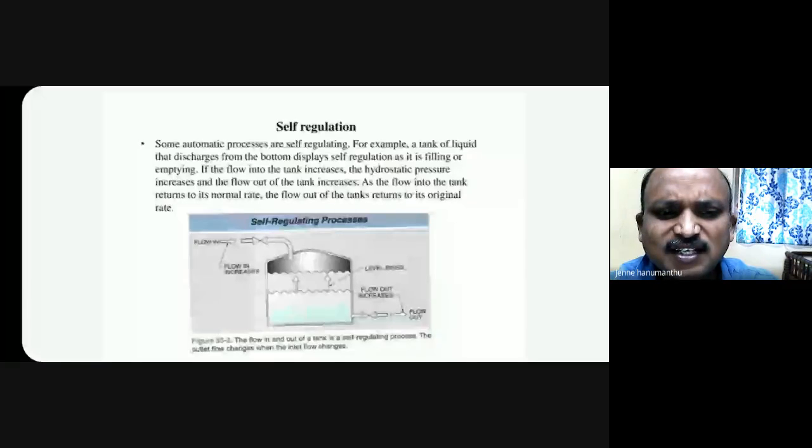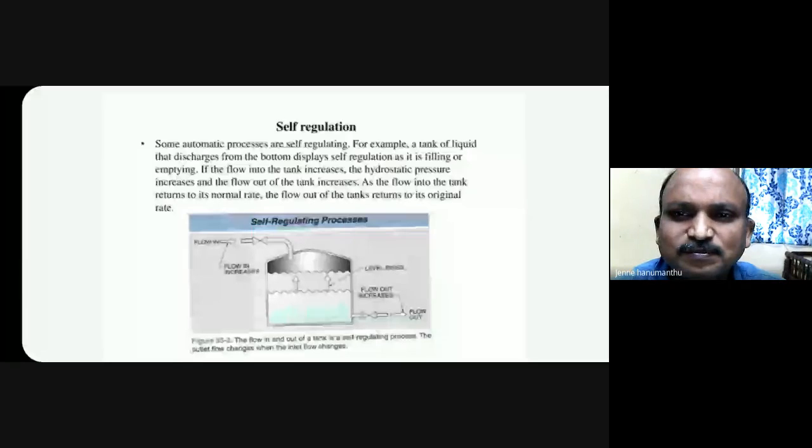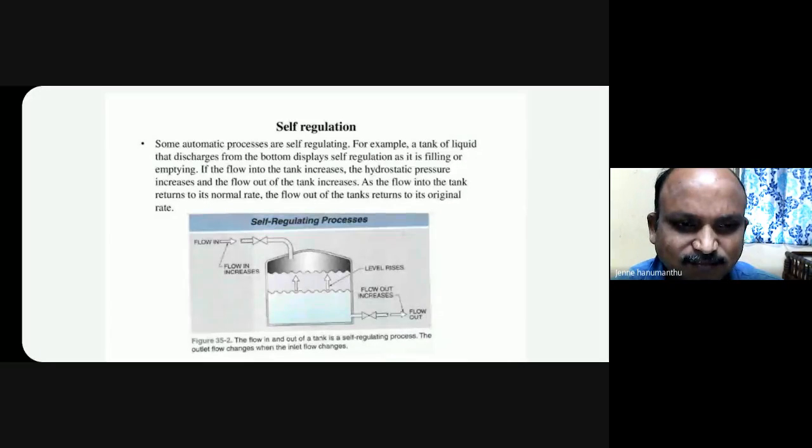When the water is inlet, if fluoride is high compared to outlet fluoride, water level simply rises. Yes or no? Water level in the tank simply rises, right?